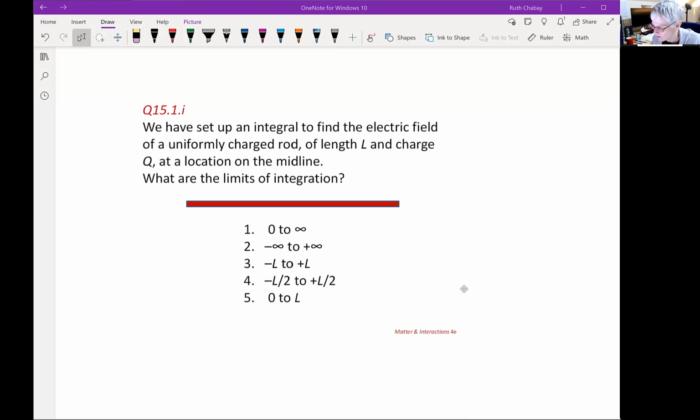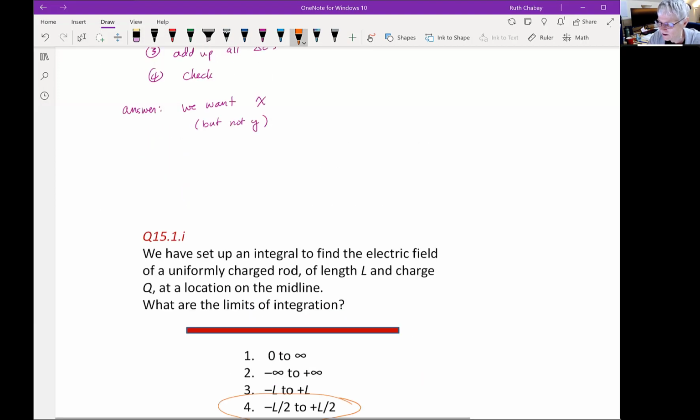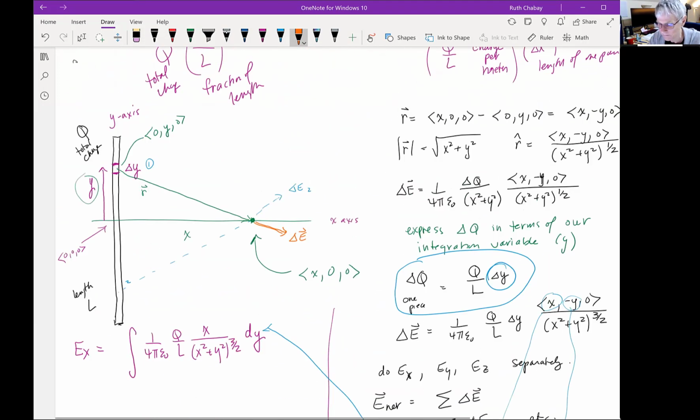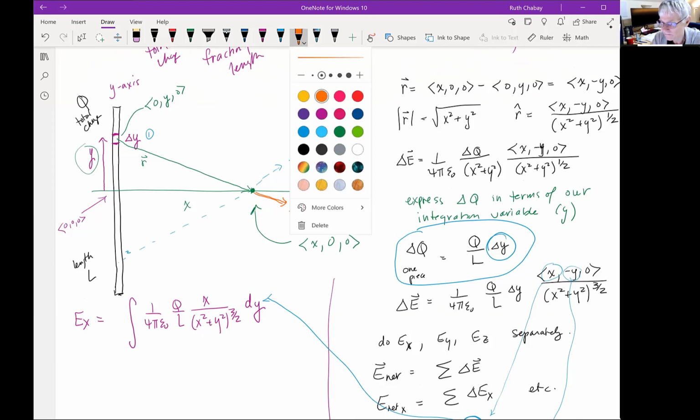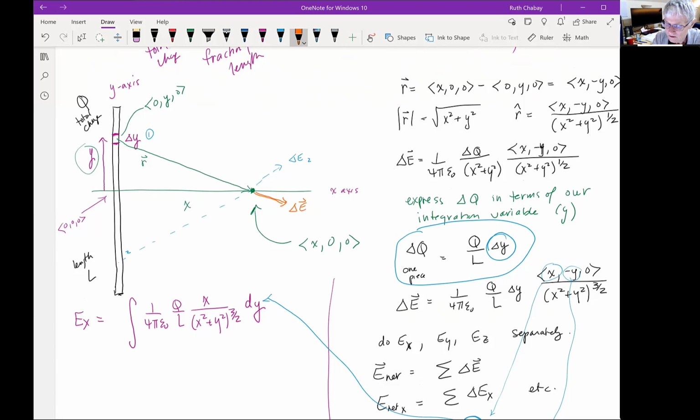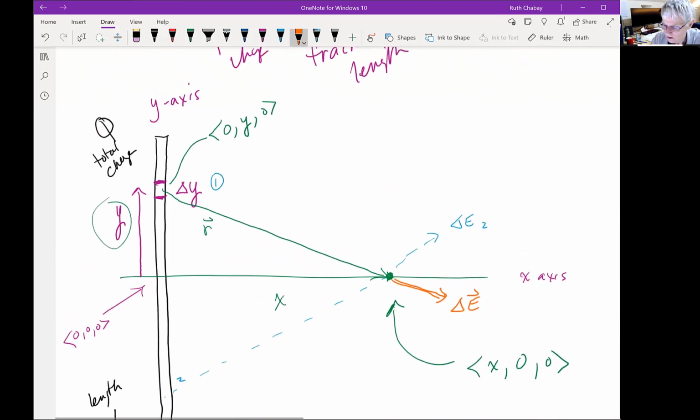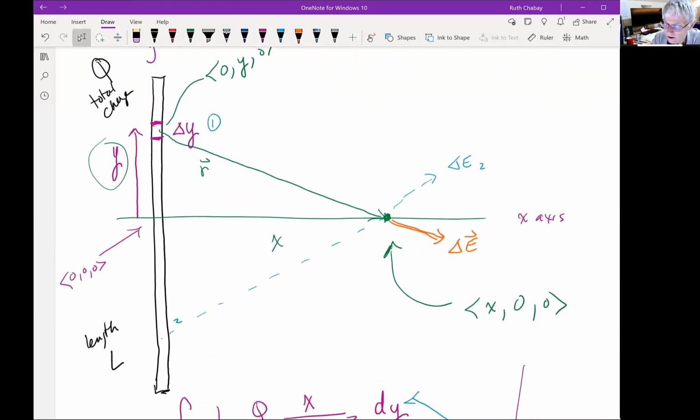This is the right answer, and let's go back and look at our picture and see why. So y was the distance from the origin to our piece, right? So here's y. And so when we're at the origin, y is 0.